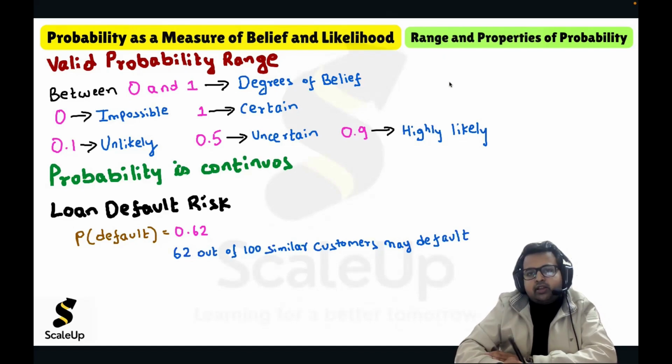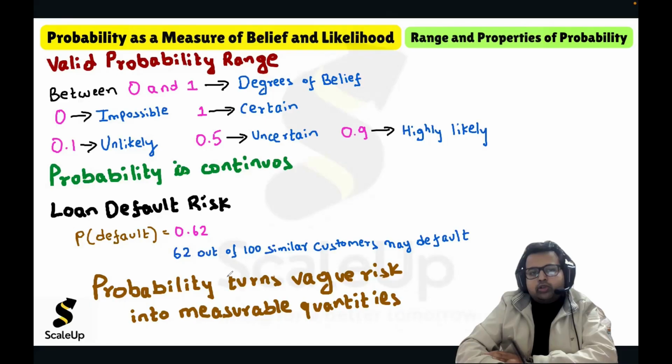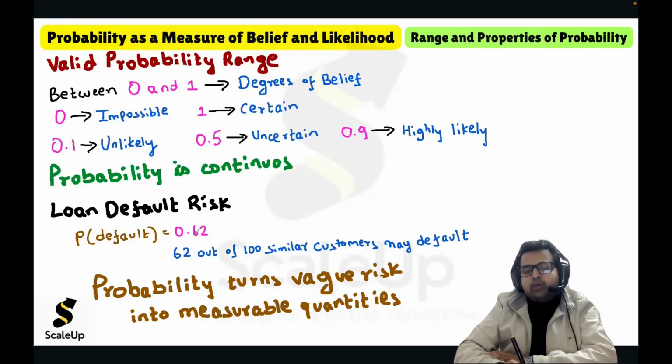So we can say that probability turns vague risk into measurable quantities, because this number, 0.62, is telling us the complete story. If I say high risk, low chance, these are vague words. What is the meaning of high risk? How can I measure high risk?